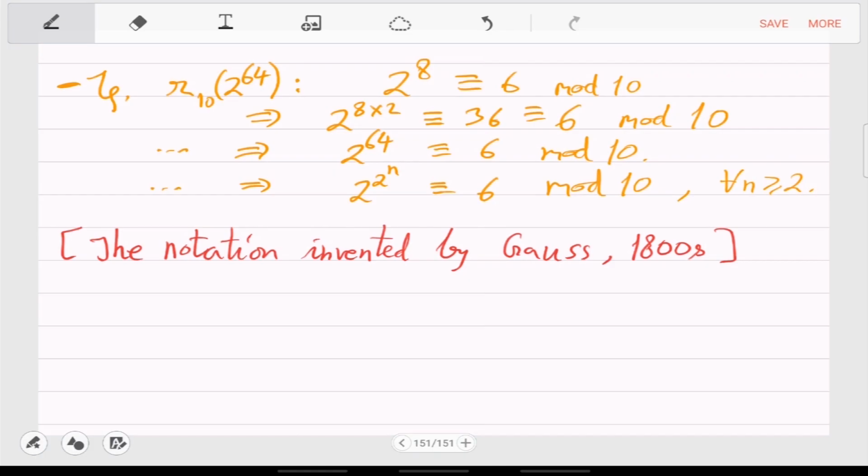Okay, and so what this means is that 6 mod 10 is not just a number, it actually represents infinitely many numbers. So it is what is called a residue class.